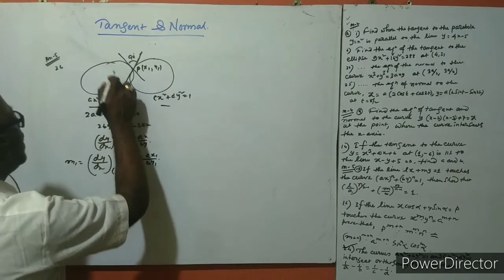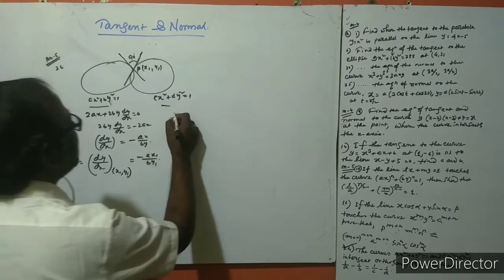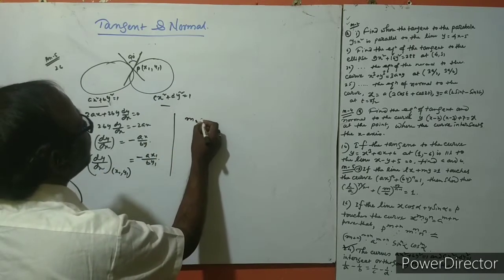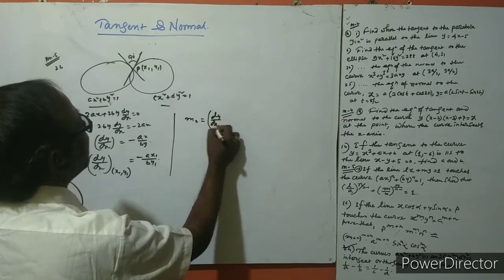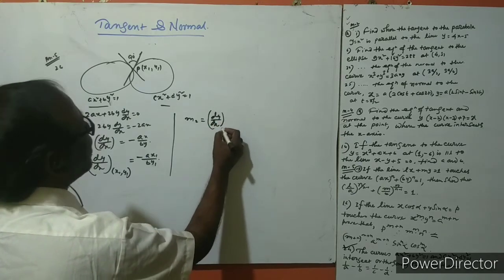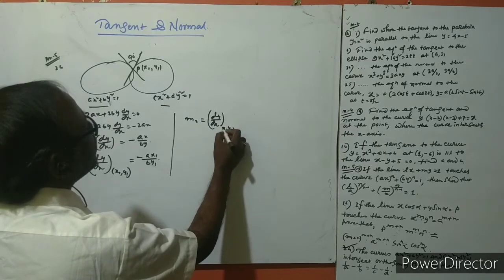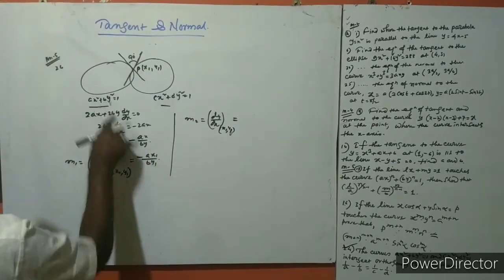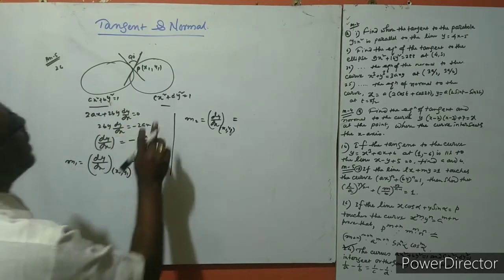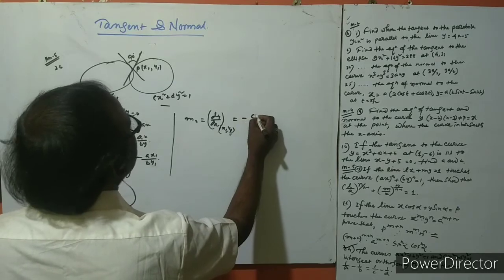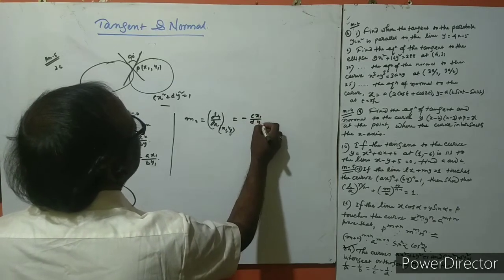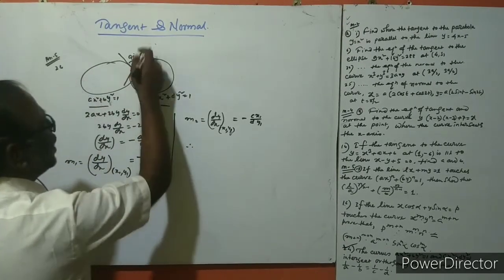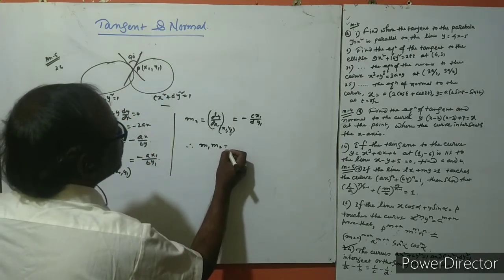Let us assume this is the equation of the ellipse. For the second curve, the figure looks the same, so we can easily write m2, that is dy/dx for the second curve at x1, y1, in the same pattern: minus cx1 by dy1. The angle between the two tangents is 90 degrees, so m1 m2 is equal to minus 1.